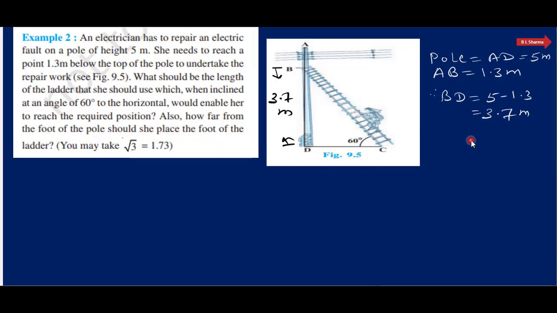So now in right triangle BDC, BC upon BD.